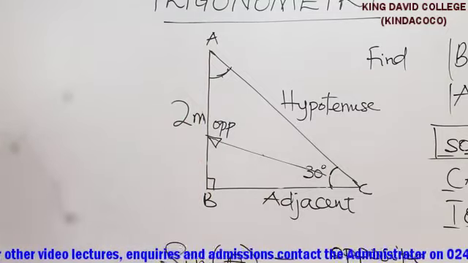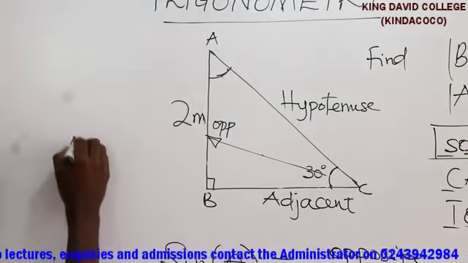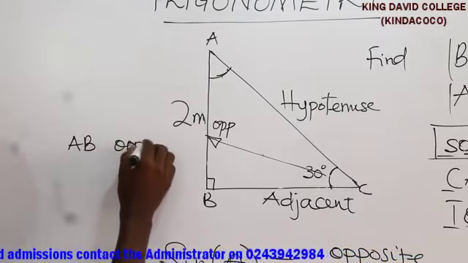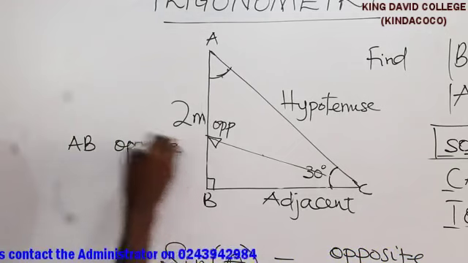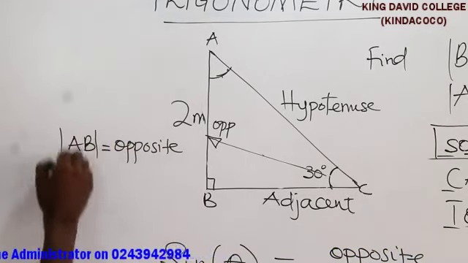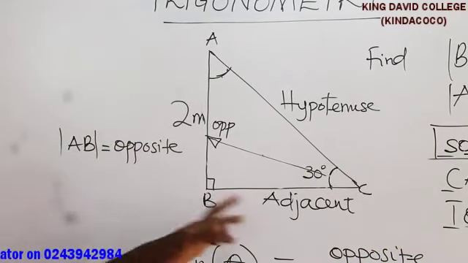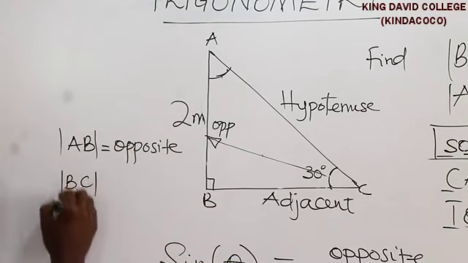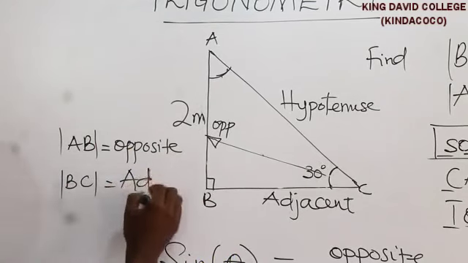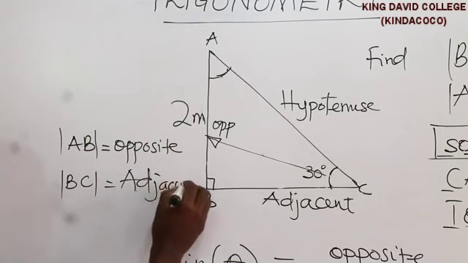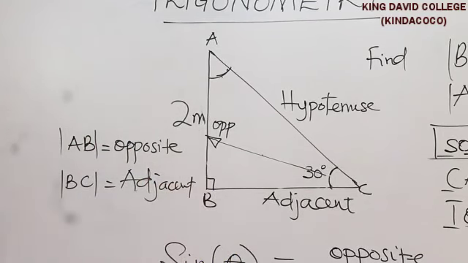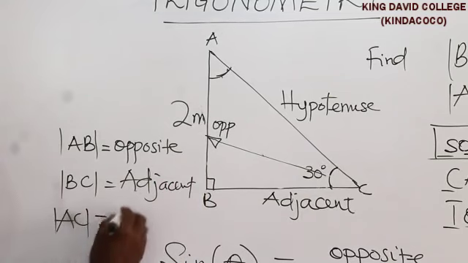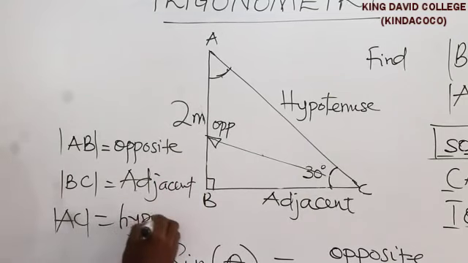So AB is known, and our AB is our opposite. Our adjacent is BC, and we know our AC to be the hypotenuse.